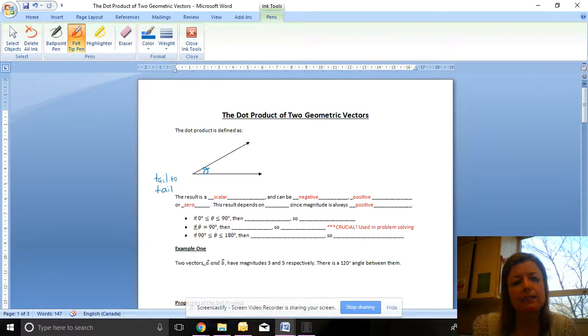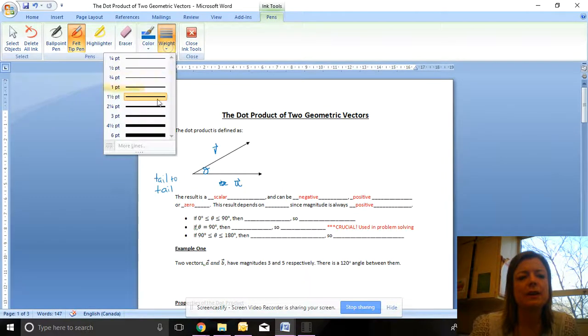So if you have two vectors, I'll call this one U, and I'll call this one V. I know you guys don't like U and V, but oh well. When placed tail to tail, they have the angle theta between them.